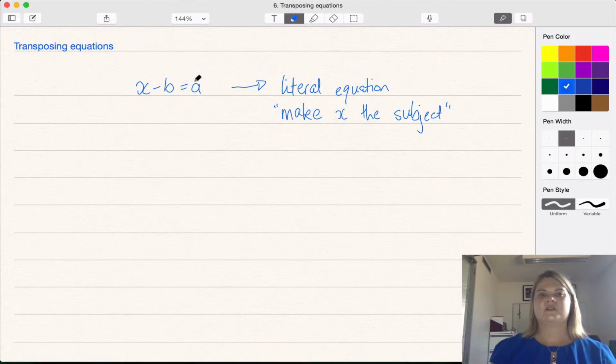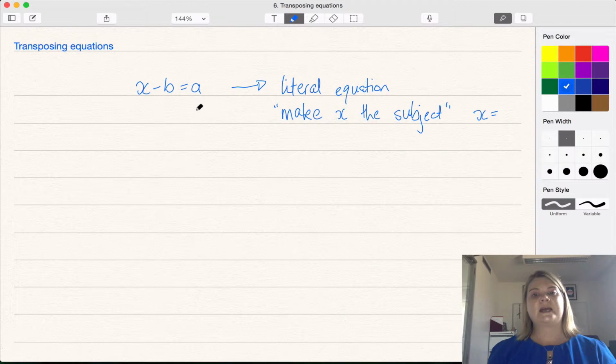This equation already has A the subject. So when it says making one letter the subject, it means make it X equals. Put it in X equals form. So if it says make A the subject, it means A equals form, and this is what you would write. It's already there.